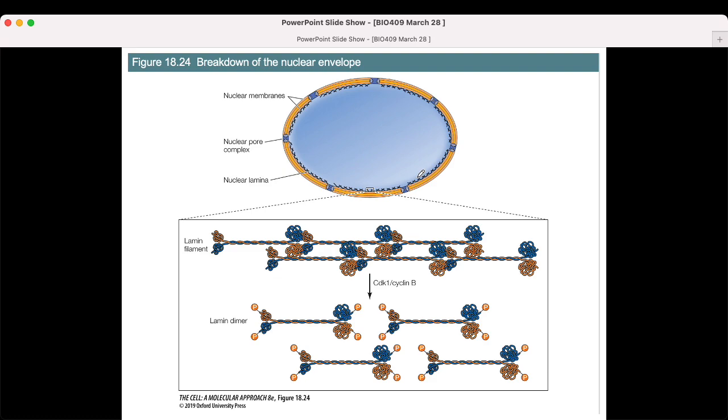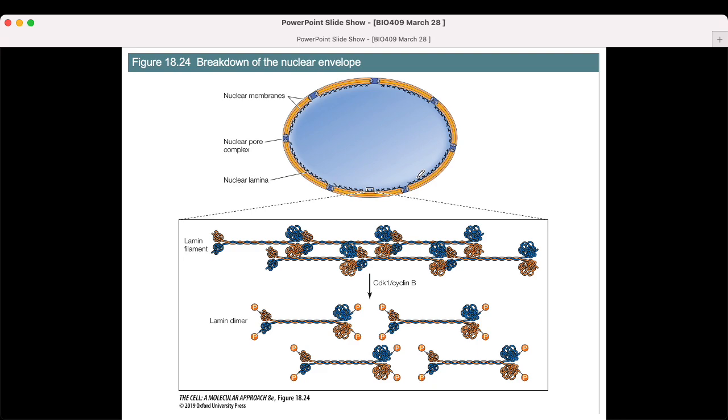Those also get phosphorylated by CDK1, Aurora, and Polo, and they disassemble temporarily. If you know what a geodesic dome is like, it's kind of a structure like a buckyball in organic chemistry. These are geometric spheres, and this lamin spontaneously polymerizes into a geometric sphere.